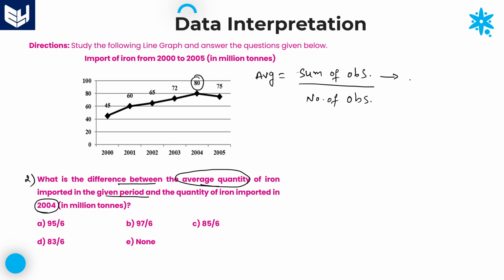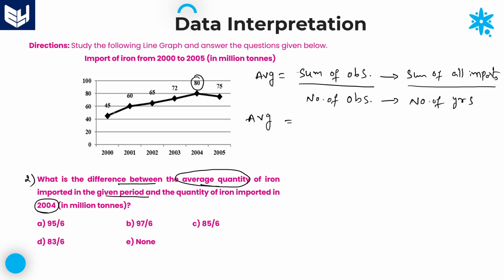Sum of observations is nothing but the sum of all the imports of iron in each and every year, divided by the number of observations, which is nothing but the number of years we are taking into consideration. Therefore, you can calculate the average value.